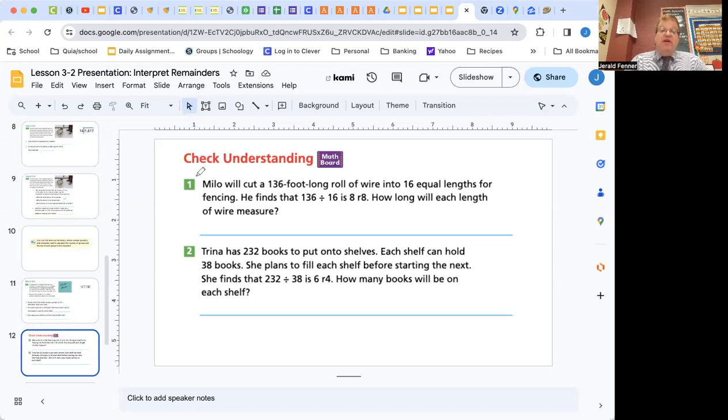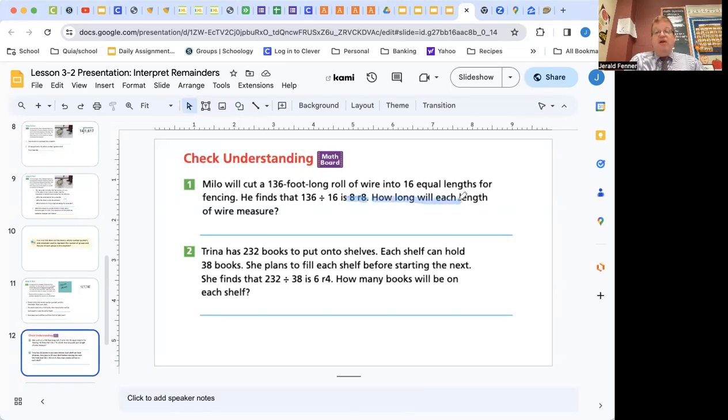How long will each length of wire measure? So you don't even have to divide this. They already did it for you. They gave you the answer right here. Isn't that sweet? Very nice. Okay, so there's our answer.